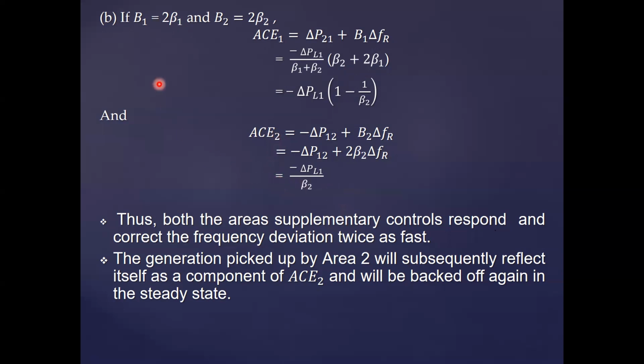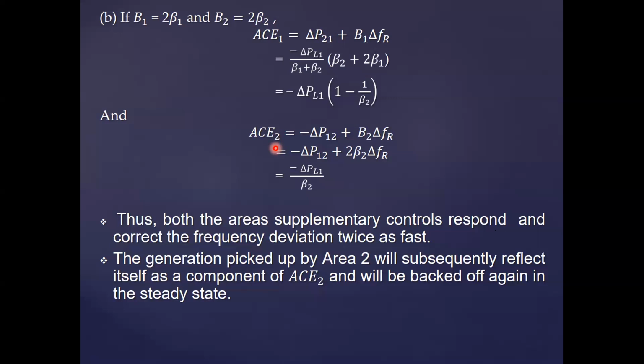This will take place. So when you have these two settings here, but again you can have several combinations, basically 1.5 or 0.5 and so on, and then you can see what will be the area control error 1 or area 2 and so on. So you can have several combinations of this actually.